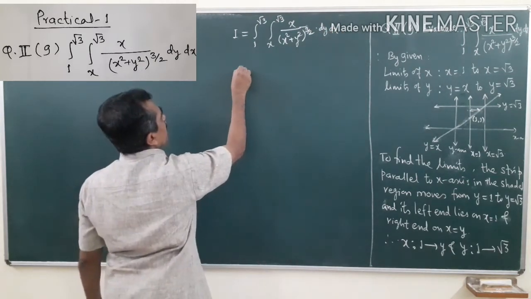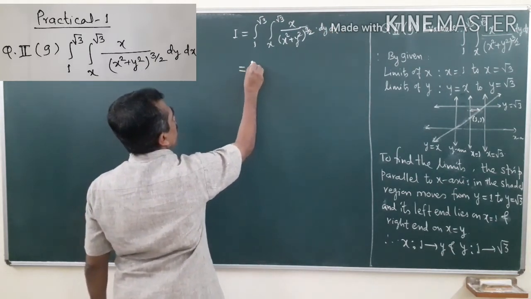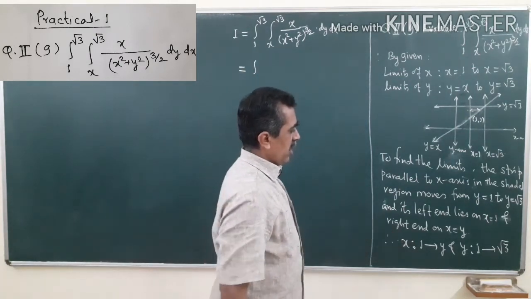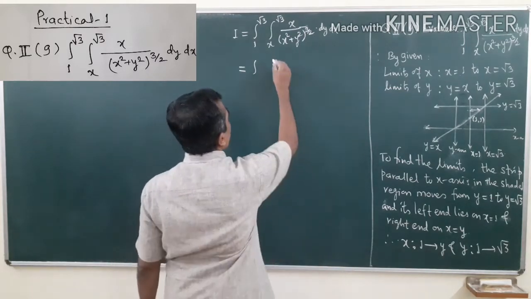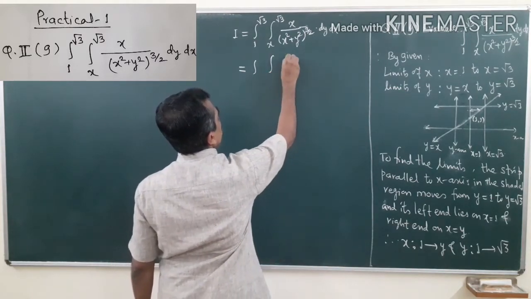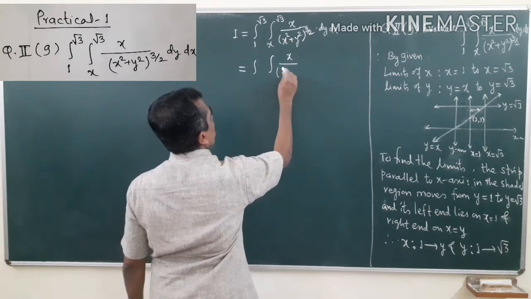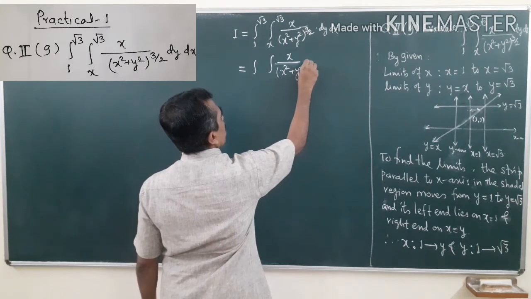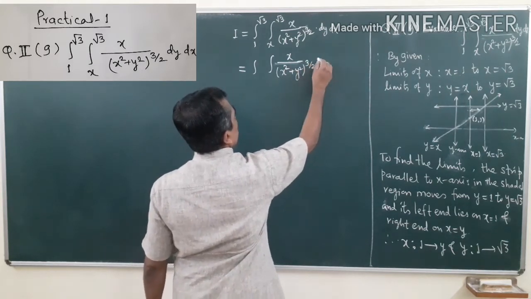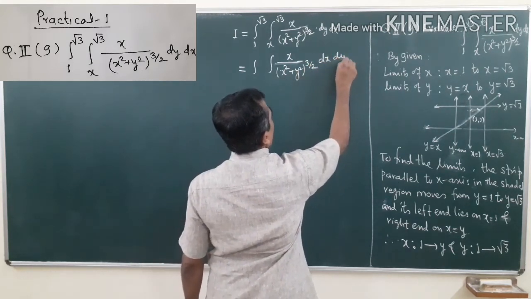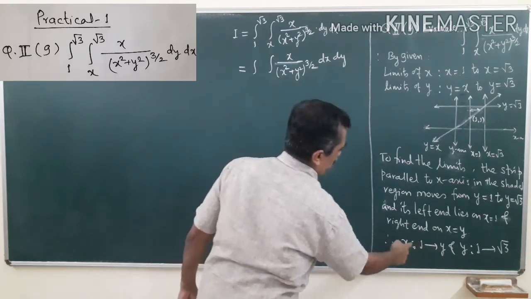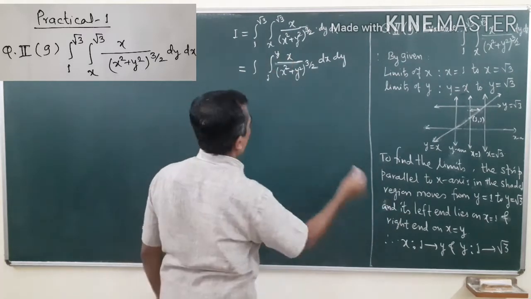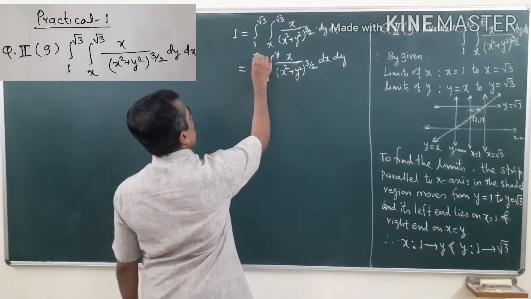We may write this integral with changed limits. Now we want to integrate first with respect to x. So the integrand will be as it is, x upon (x square plus y square) raised to 3 by 2 dx dy. Now what are the limits of x here? Limits of x are 1 to y, very simple limits, and that of y are 1 to root 3.